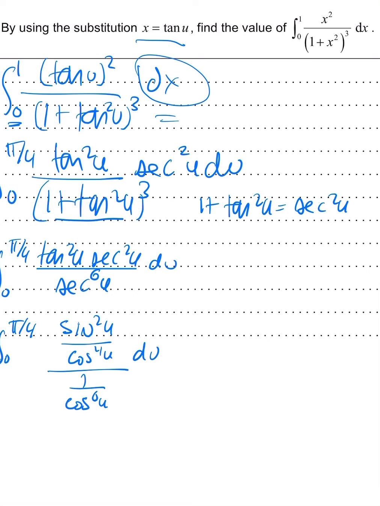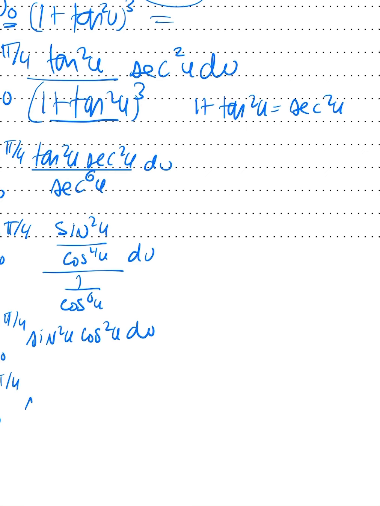So far so good? Okay. Well, then this is going to equal the integral from 0 to pi over 4 of sine squared of u cosine squared of u du.